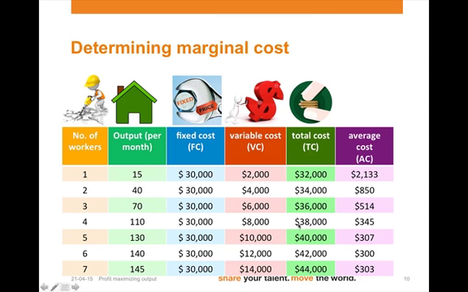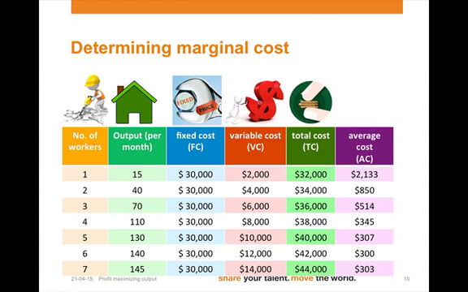Total cost is the addition of fixed cost and variable cost. As you can see, initially the average costs are falling, but at one stage, at 6 workers, it is increasing.